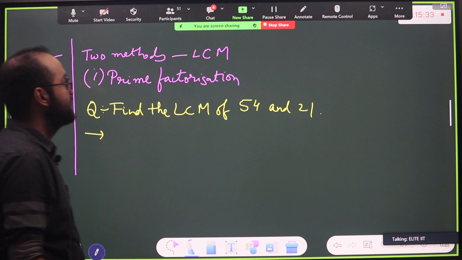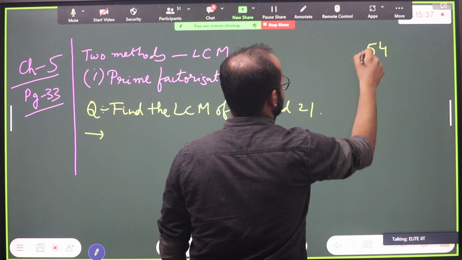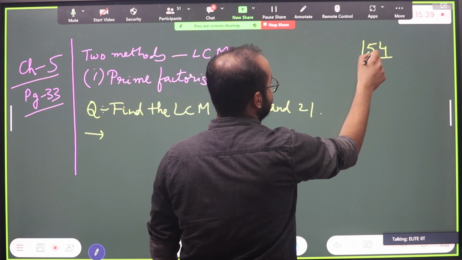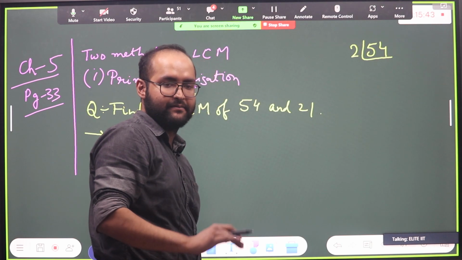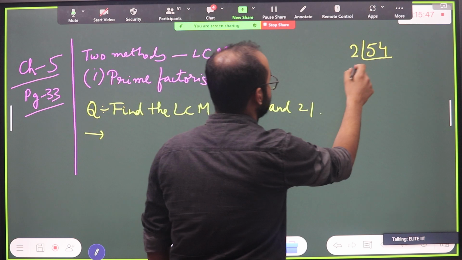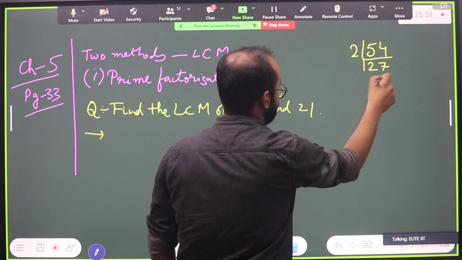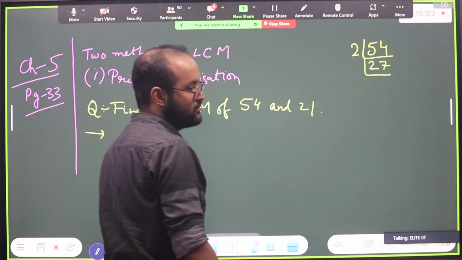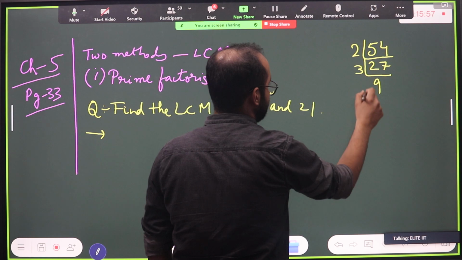How do we find the prime factors? Do you remember? 54. Is it divisible by the lowest prime number 2? Start with the lowest prime number, isn't it? The lowest is 2. So if you divide it by 2, you will get the quotient 27. Then 27, can you divide by 2? No. 3 into 9.